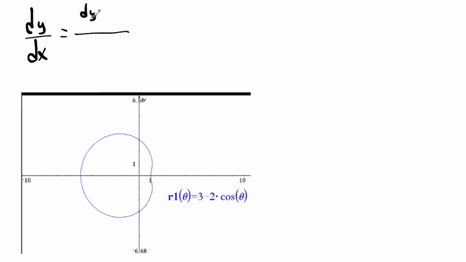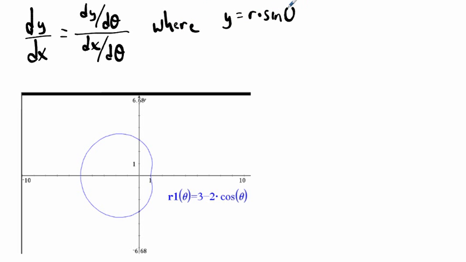We take the derivative of y with respect to theta over the derivative of x with respect to theta. We let theta be the parameter for our curve. The thing to note here is that y is r times the sine of theta, and x is r times the cosine of theta, and that's from our last lesson together.